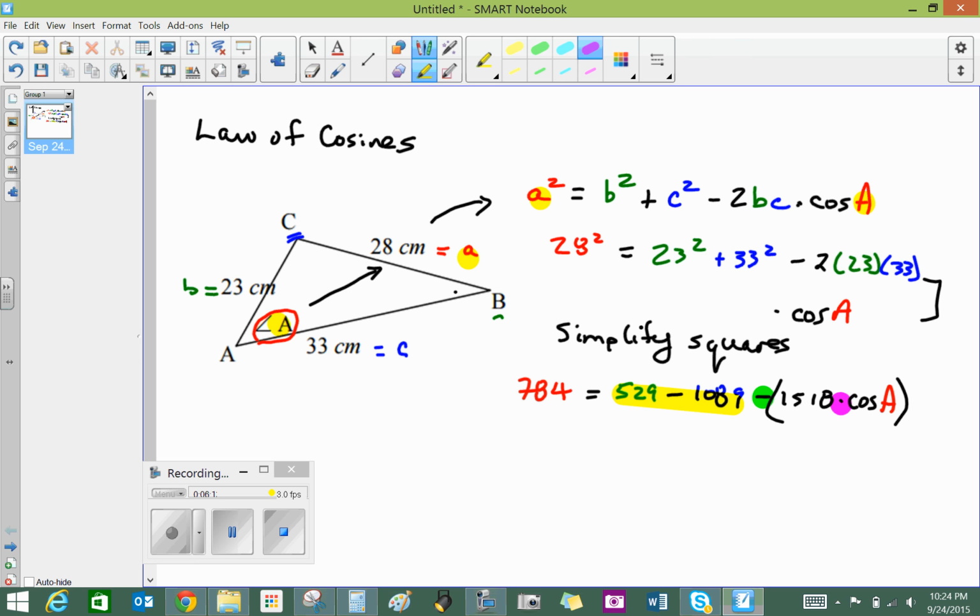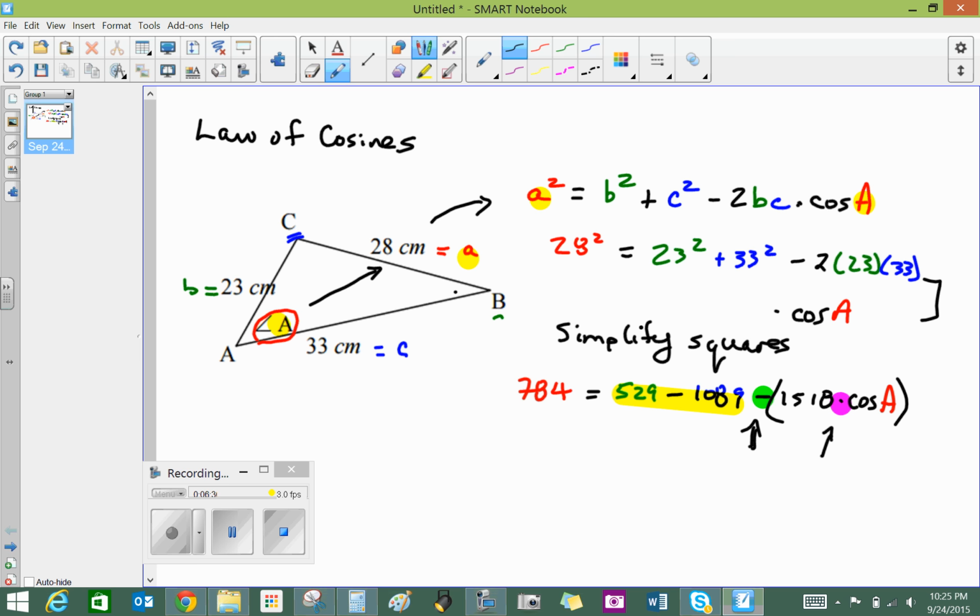So the order of operations tells us to do the bracket first before you multiply. Sorry, before you subtract. So you need to do this operation before we do this one. Otherwise we'd be contravening or breaking the order of operations.